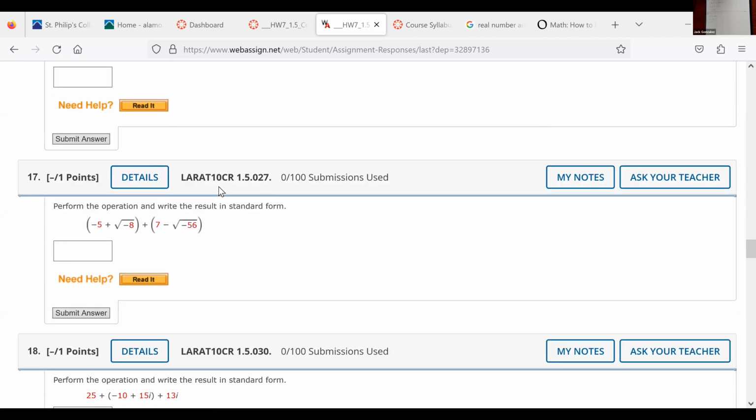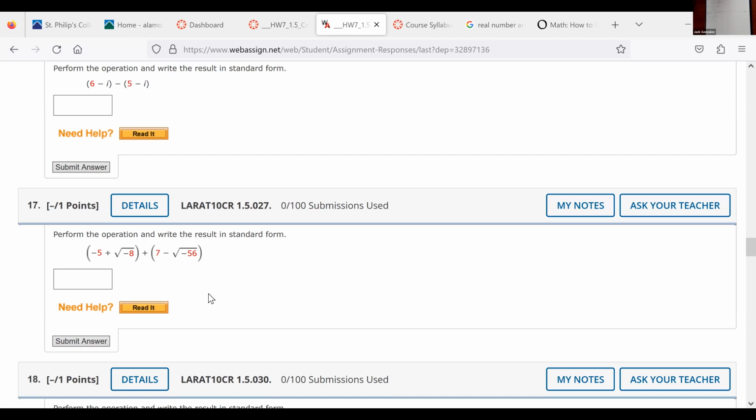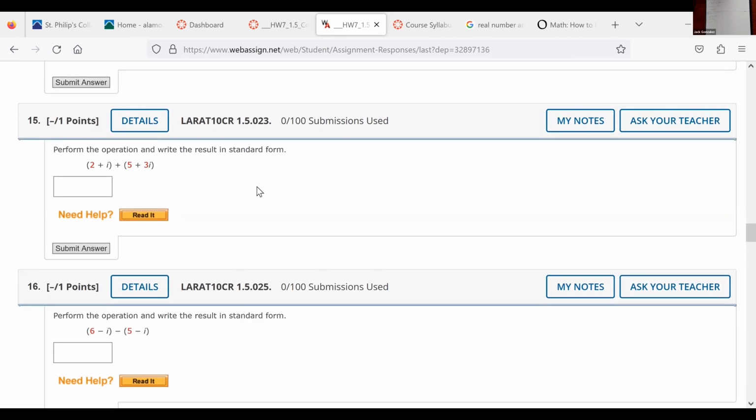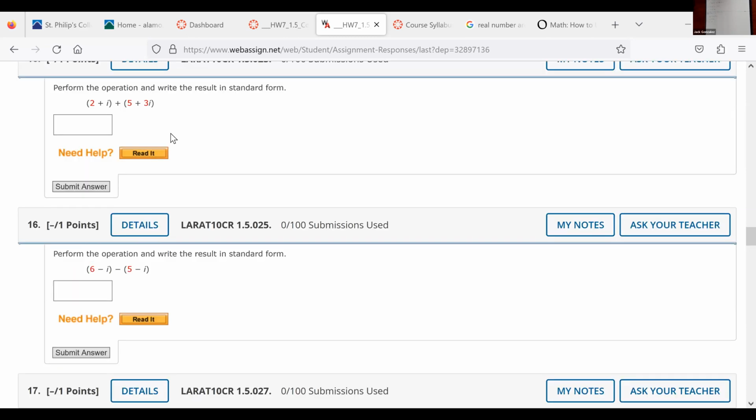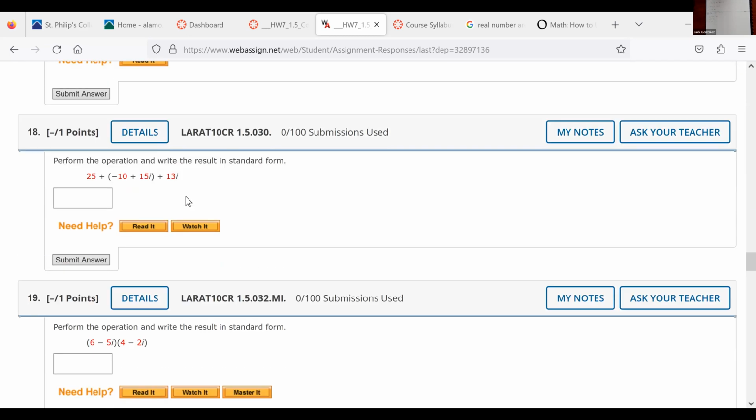Okay. Over here, 17, you first simplify the radicals and then do the same thing we did up here with number 15. So there's not much difference. Over here, same stuff. You move things around, watch your signs, combine like terms, basically like we're adding x's and y's.